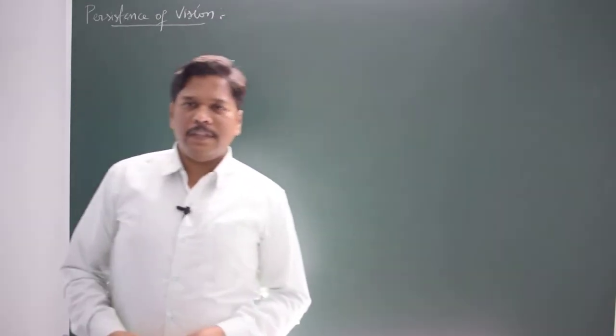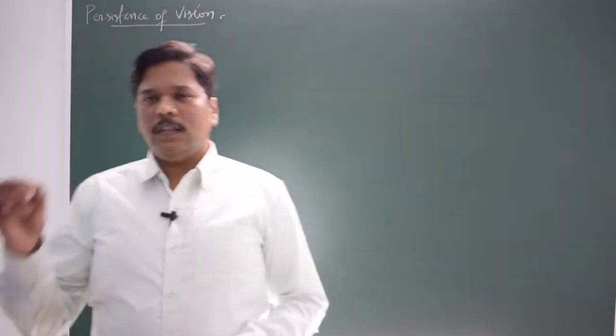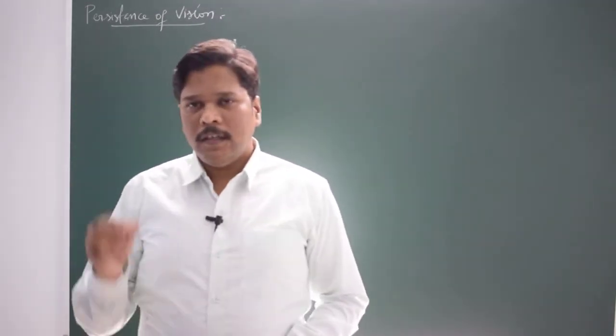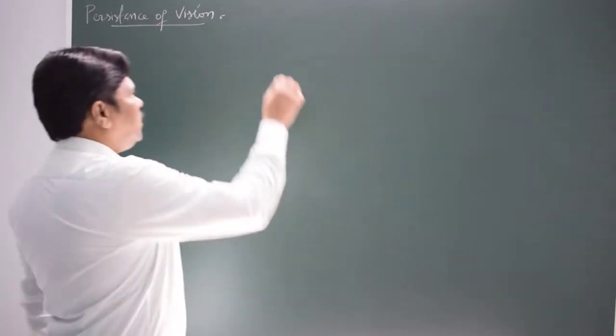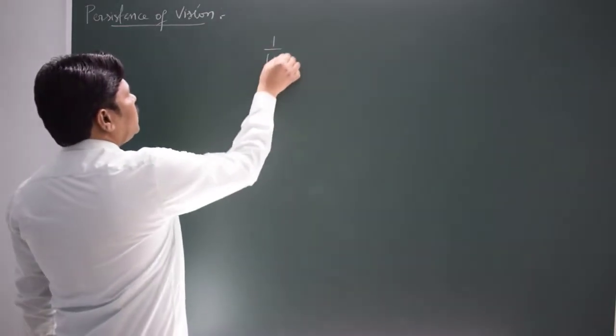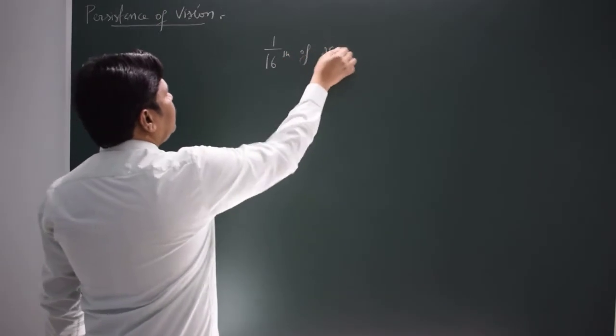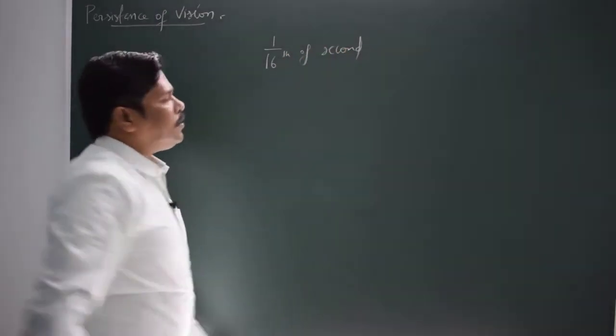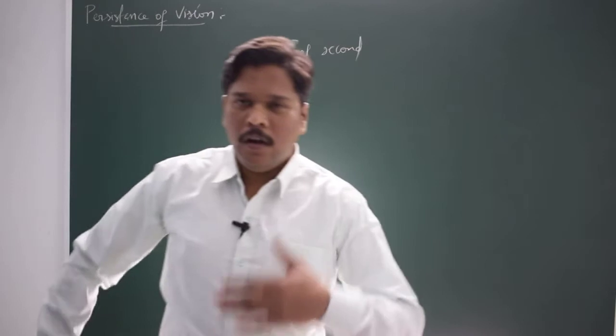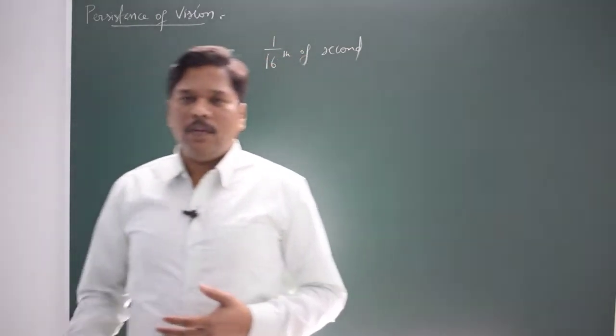Persistence of vision: whenever we see an object, the image of the object remains in the memory for 1/16th of a second. Using this persistence of vision, all cinematography has utilized this concept.